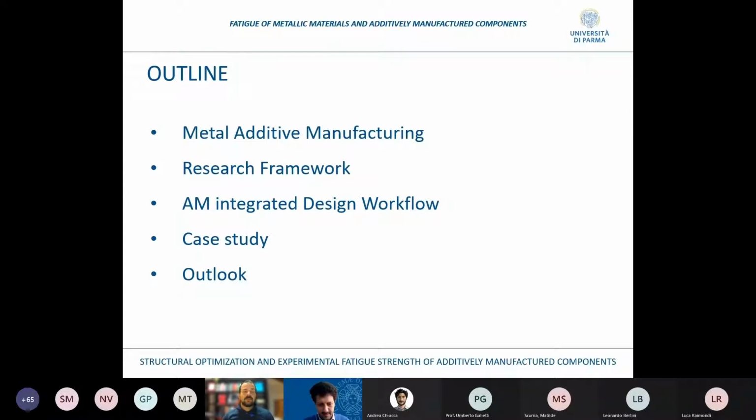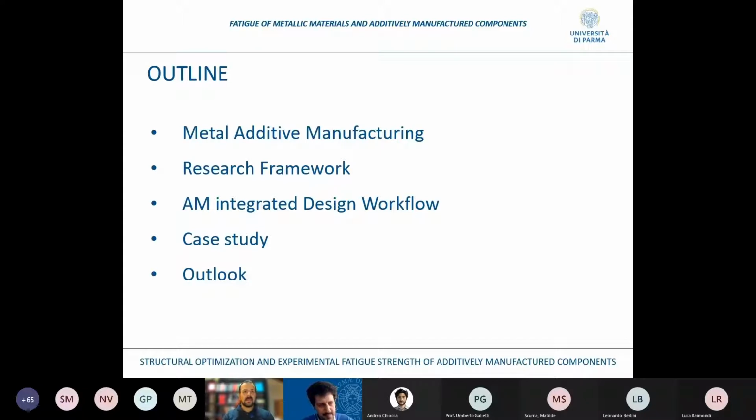In this presentation, I will briefly introduce the topic that, of course, we already widely discussed, the research framework in which we are involved, and the presentation of the proposal of an additive manufacturing integrated design workflow with the steps that we recognized and selected that need to be followed for the definition and the modeling of an additive manufacturing problem.